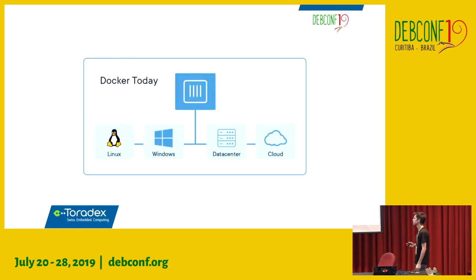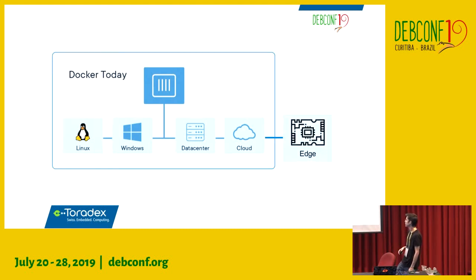We have today Linux and Windows containers that can be deployed in data centers and the cloud, but this is changing. Today in the market, we are seeing developers making these containers and deploying them at the edge, in embedded devices, right?